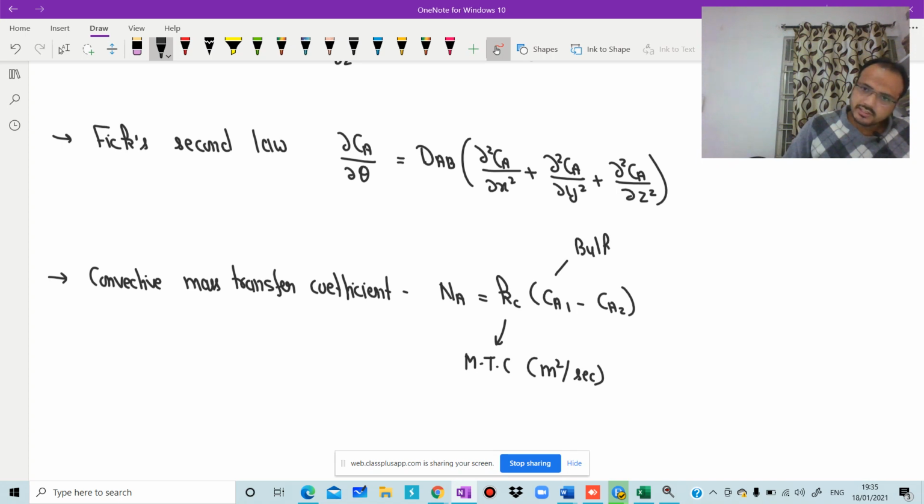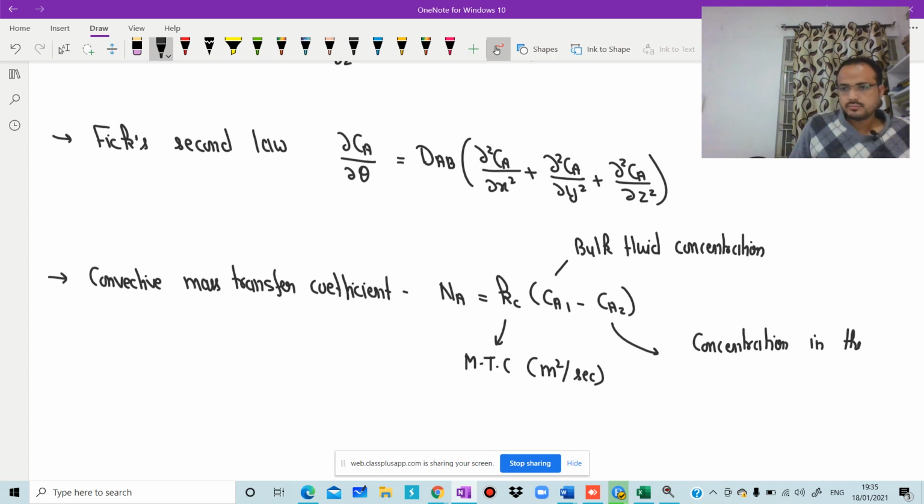CA1 is the bulk fluid concentration, and the second one is the concentration in the fluid next to the surface of the solid.